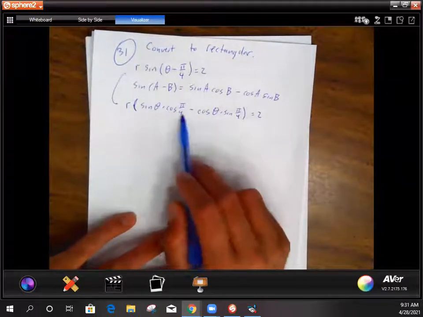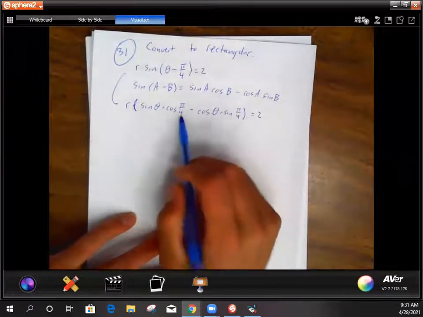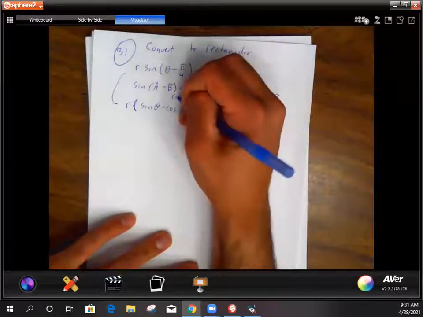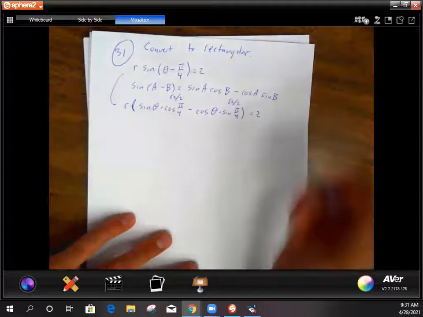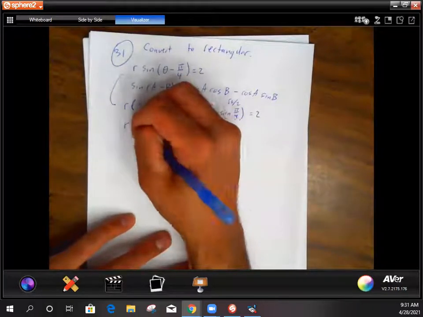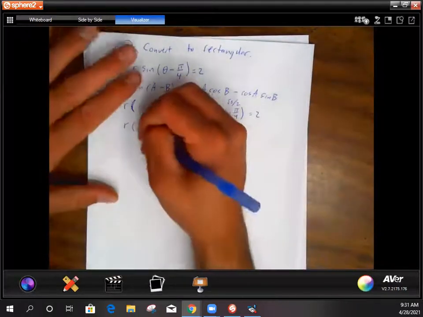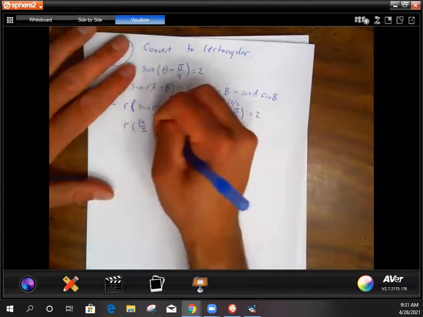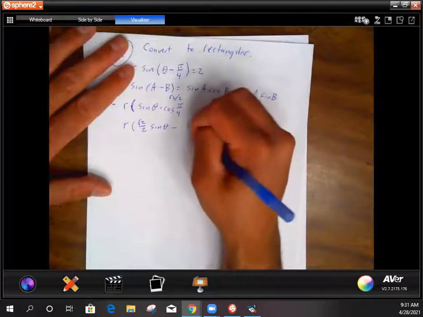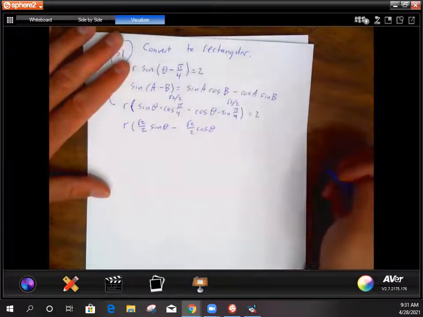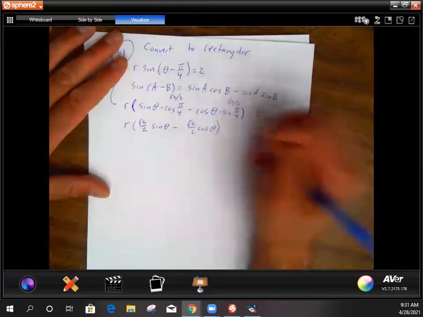So cosine of pi over 4 is root 2 over 2. And so is the sine of pi over 4, root 2 over 2. So this becomes r times parentheses root 2 over 2 sine theta minus, I just like to write the coefficient in front of the function, root 2 over 2 cosine theta equals 2.